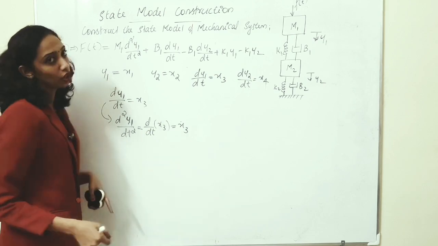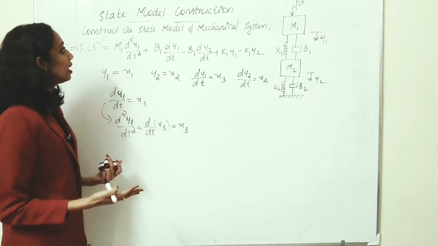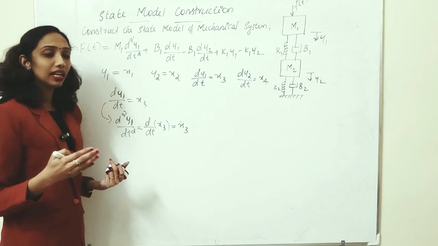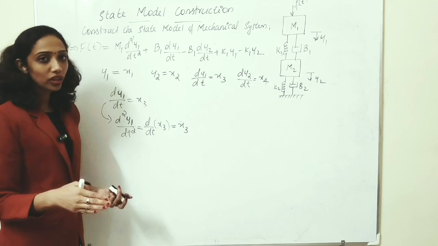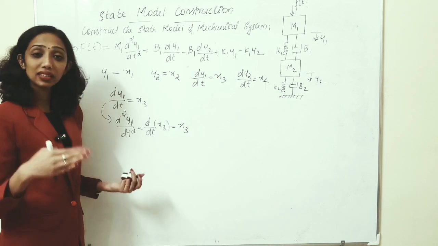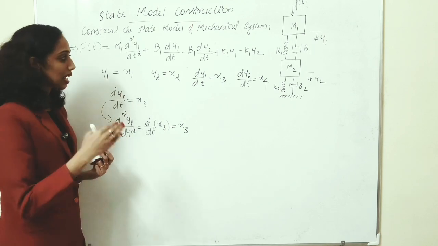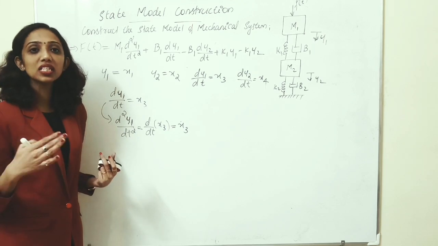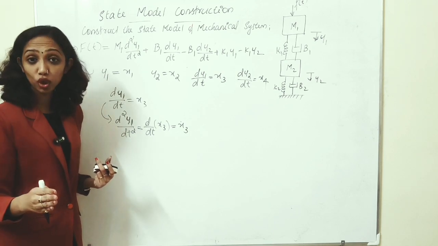Clear? Here we want to construct the state model like x1 dot, x2 dot, x3 dot and x4 dot, not x1, x2, x3, x4. x1, x2, x3, x4 are the state variables. The state model, or the state equation, is in the form of x1 dot, x2 dot, x3 dot and x4 dot.